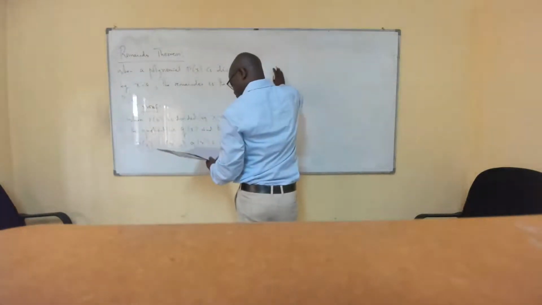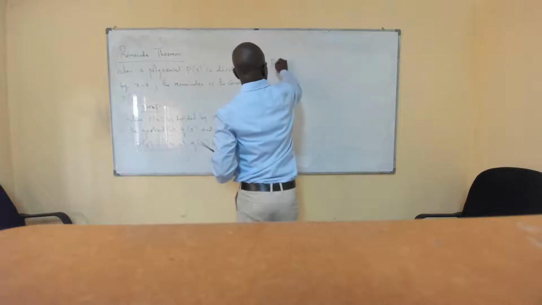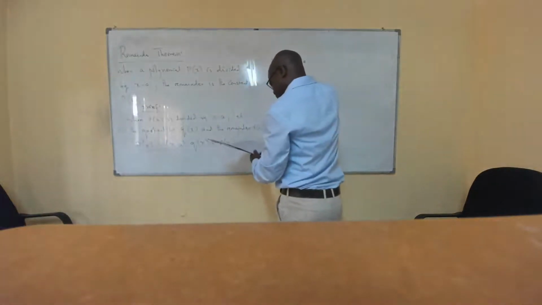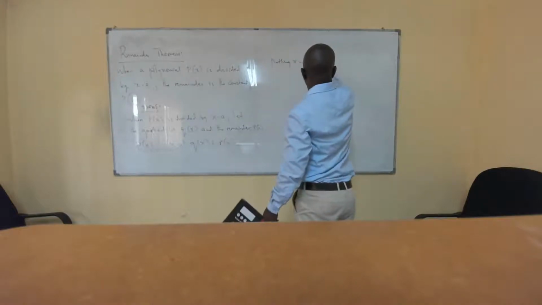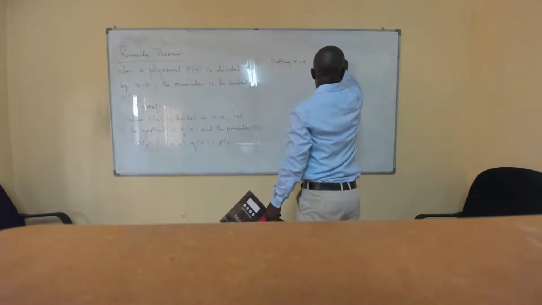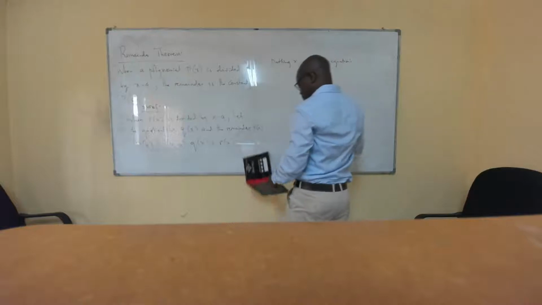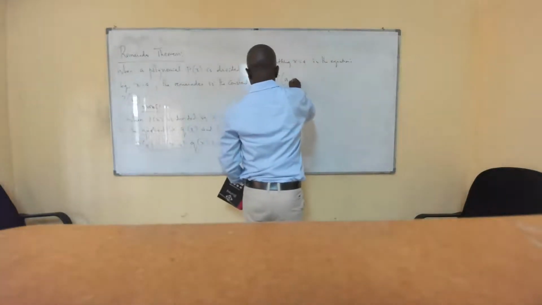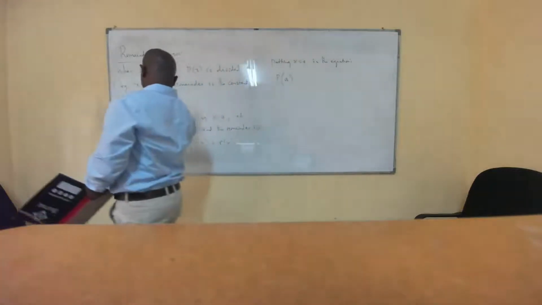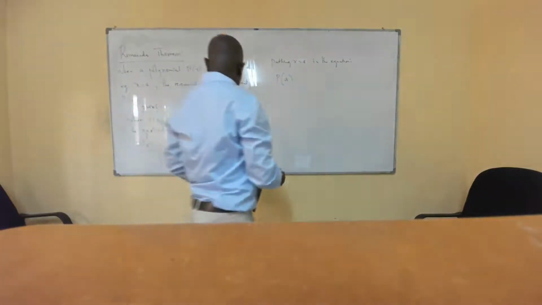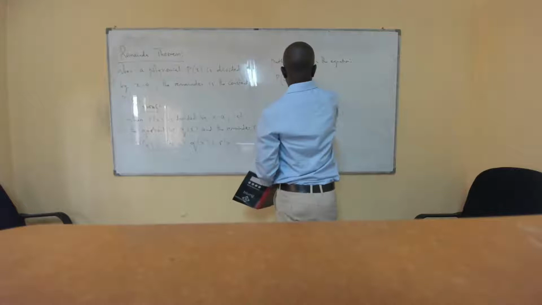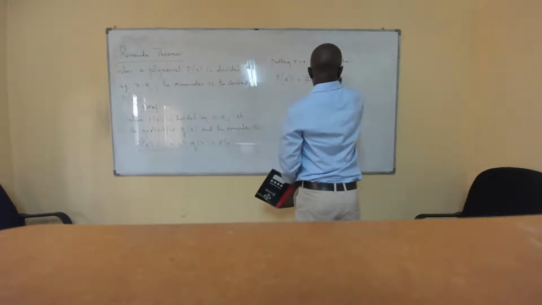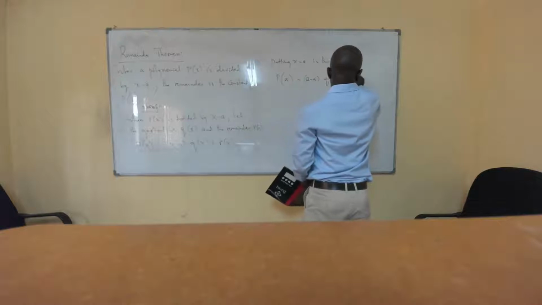So now you can plug in. Putting x equal to a in the equation, let's see what we get. If we do that, we end up with P of a equals a minus a, q of a, plus R of a.